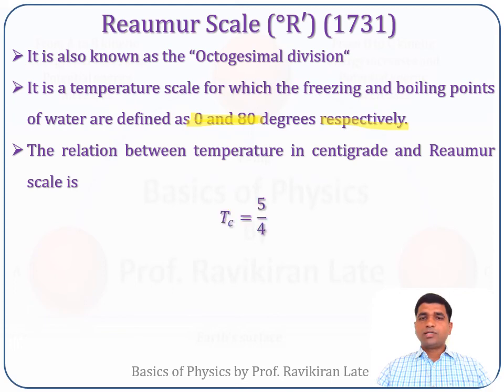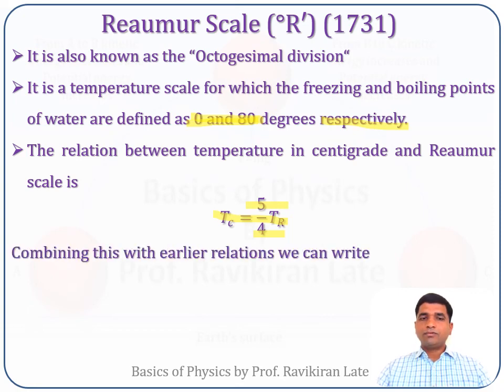So for the relation between the temperature in centigrade and the Römer scale, you have Tc equal to 5 by 4 into Tr, that is 5 by 4 times the temperature in the Römer scale, which will give you the value on the Celsius scale.